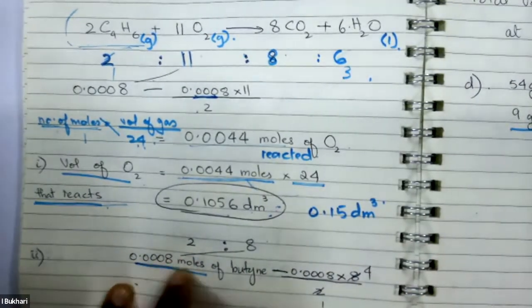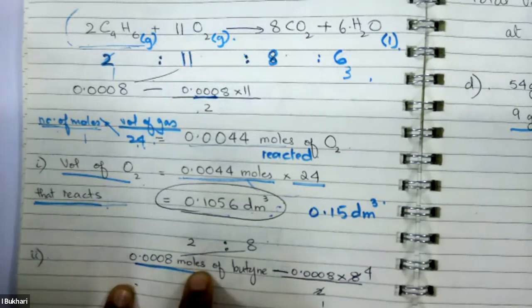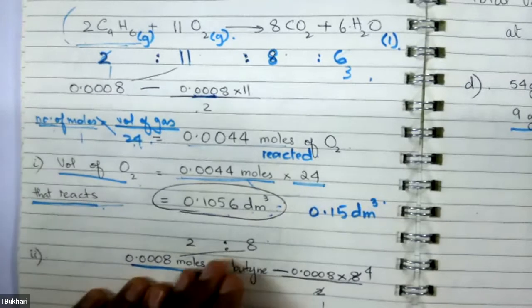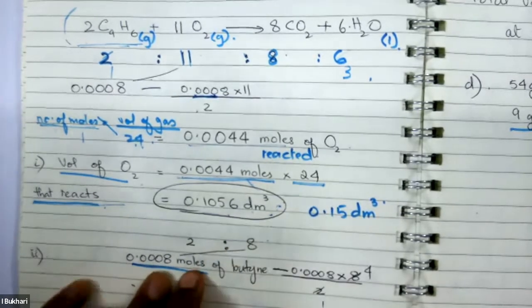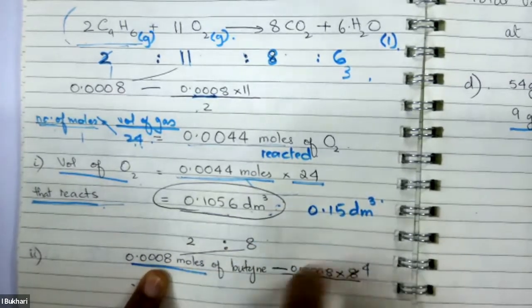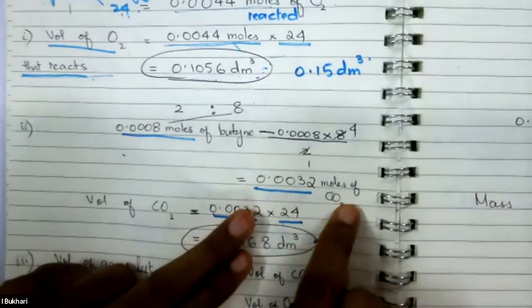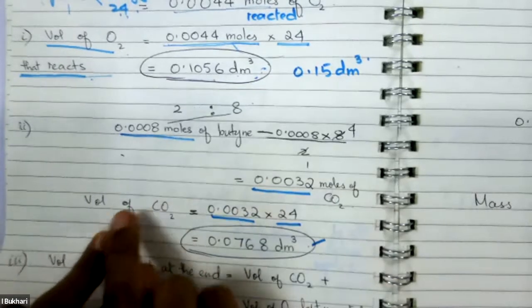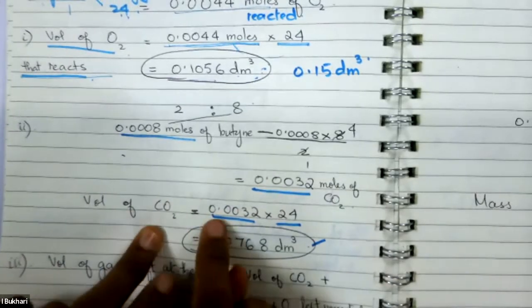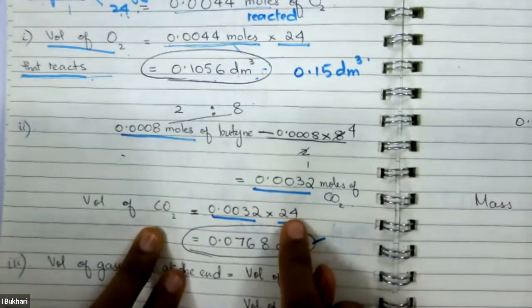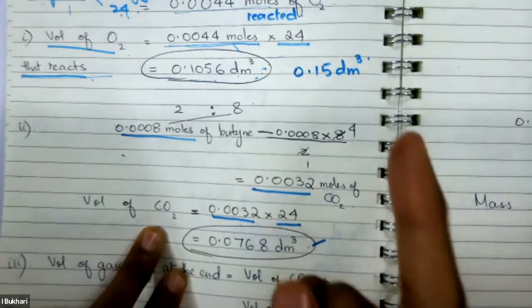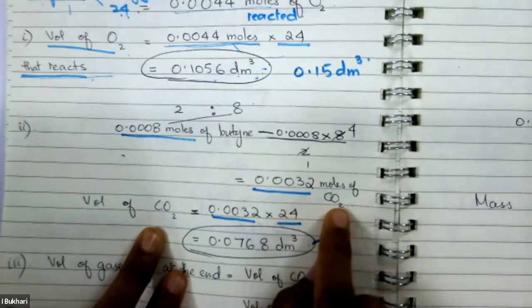Now you understood, right, how I calculated the number of moles of butane? So just the ratio method, I multiplied the number of moles by 8, then divided by 2. Whatever I got, that many moles of carbon dioxide. So for the volume of carbon dioxide, I multiplied that number of moles by 24 because 1 mole of any gas occupies 24 dm³.